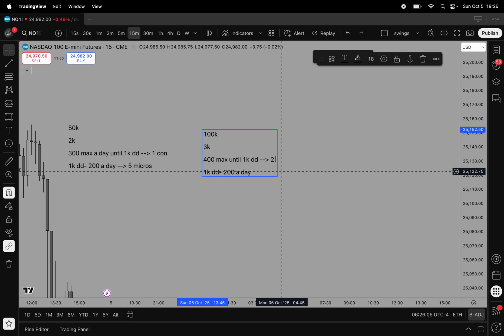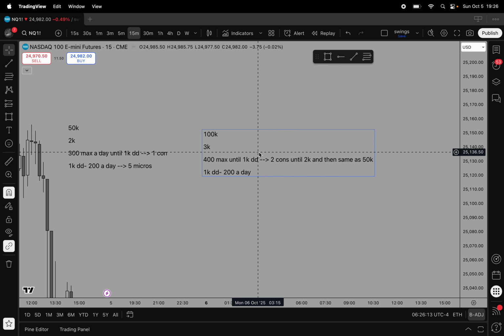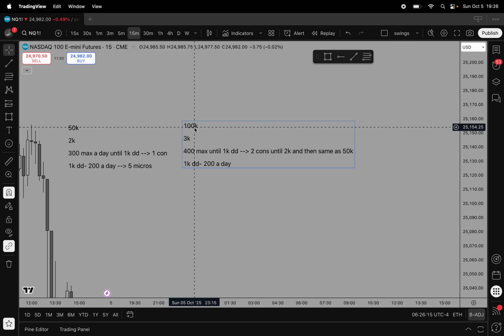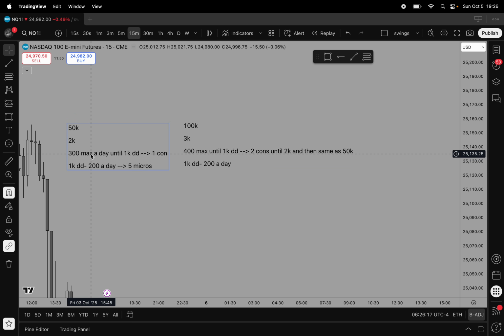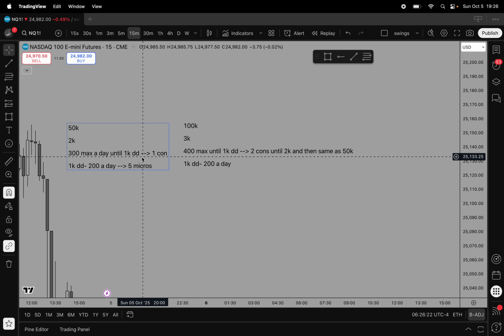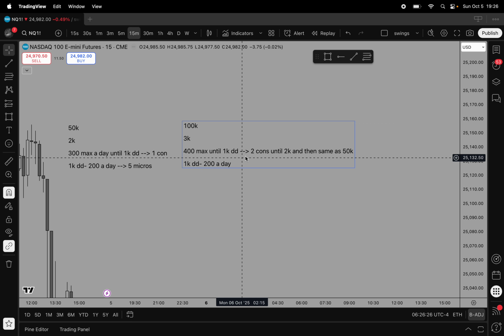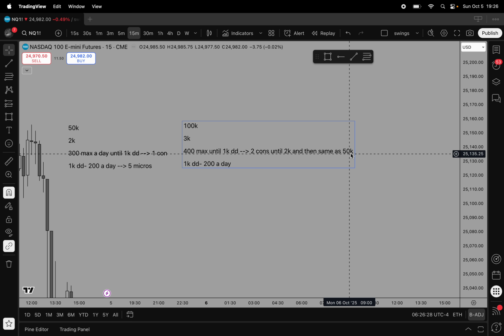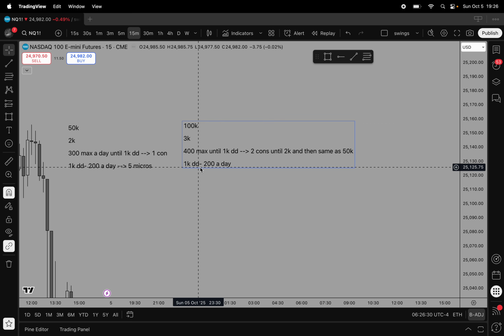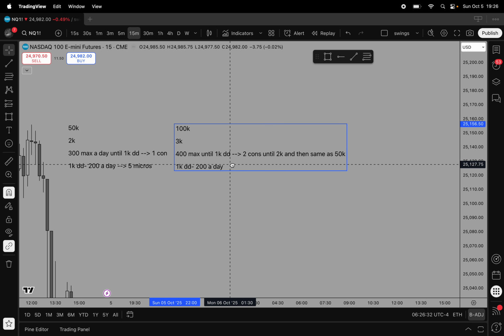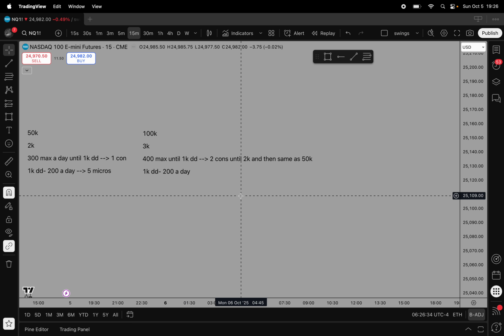So we could start with 2 contracts, and then until 2K, and then same as 50K. I know it's pretty much the same. So the 100K, you're going to have 3K drawdown, so 300 max a day until 1K is going to be 1 contract, right? The same thing happens here. So if you have 3K, then you can do 2 contracts until you have 2K, and then same as a 50K, and then 1K drawdown is going to be 200 a day. That's going to be a staple on everything.